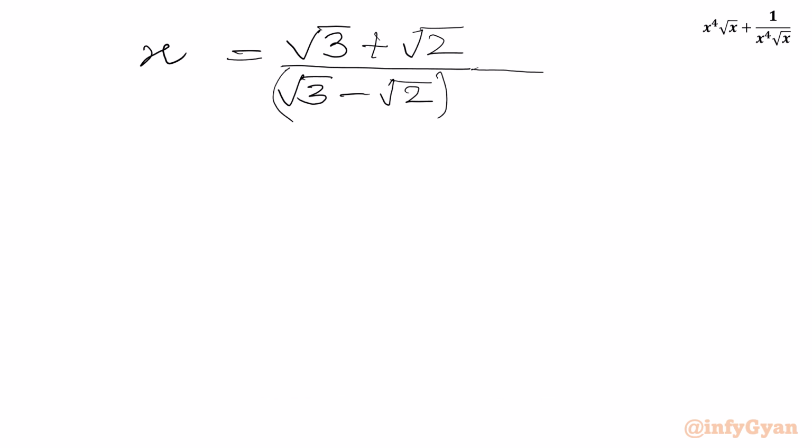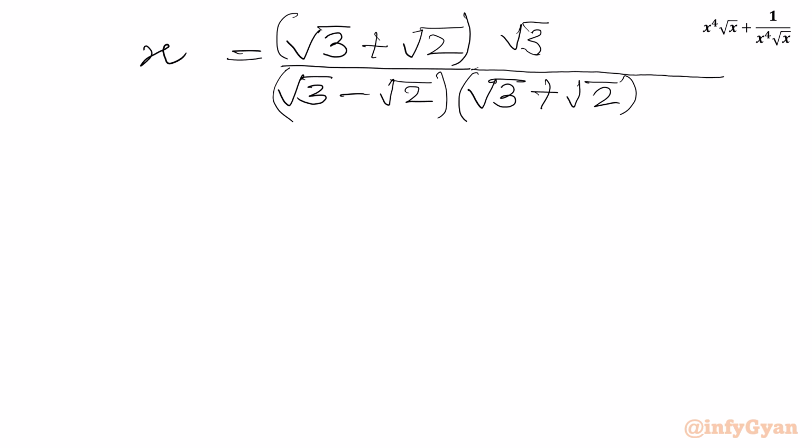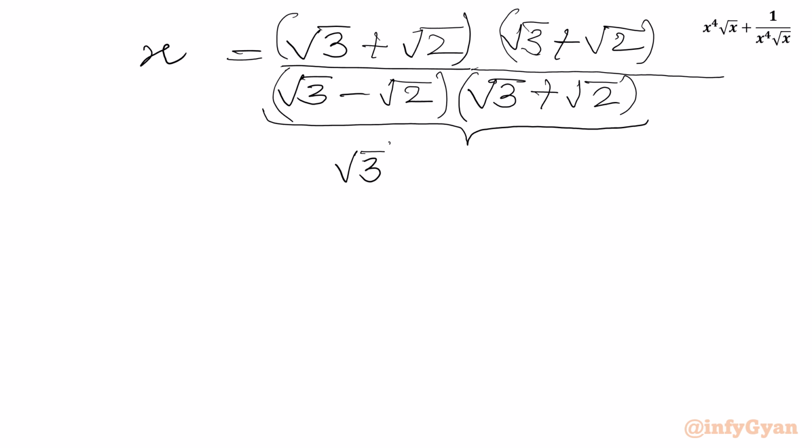Now we will rationalize our denominator. We have to multiply the denominator and numerator by the denominator's conjugate, which is root 3 plus root 2. In the denominator we are getting one algebraic form, a minus b times a plus b. So here we can write root 3 square minus root 2 square.